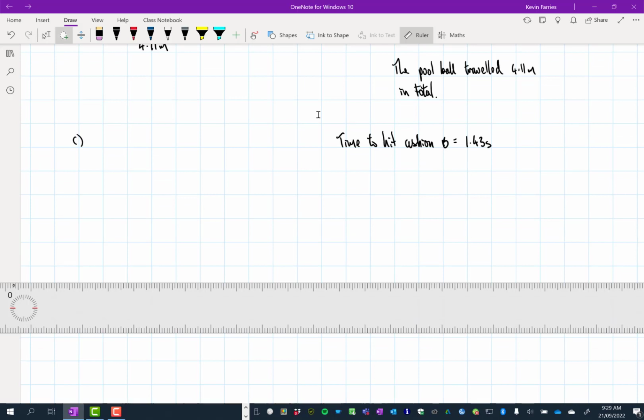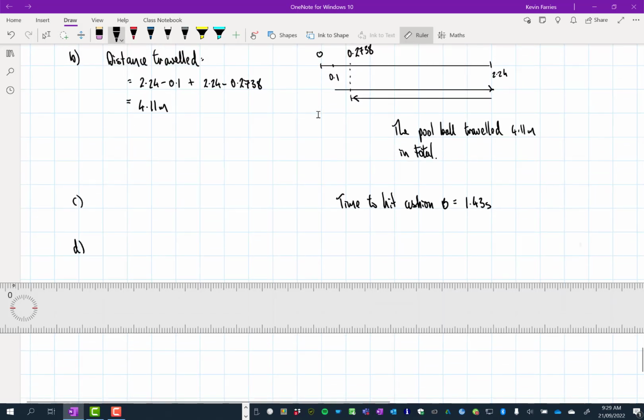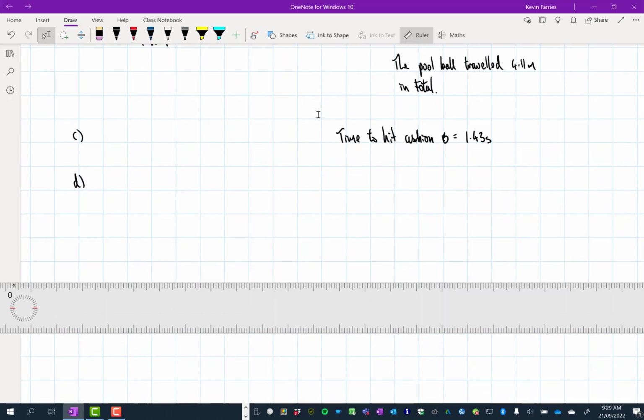Let's see, for part D, it wants to know how long it'll be from after being struck until it hits cushion A. So time to hit cushion A is just going to be equal to that 1.43 seconds to get to B. And then the distance it has to travel to get to cushion A is 2.24 meters.